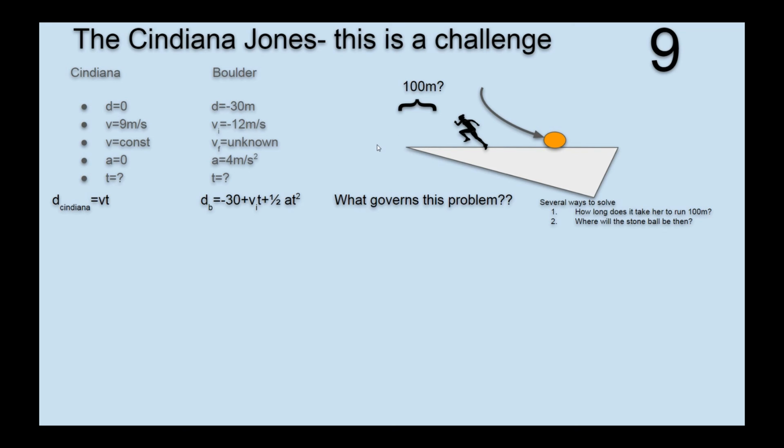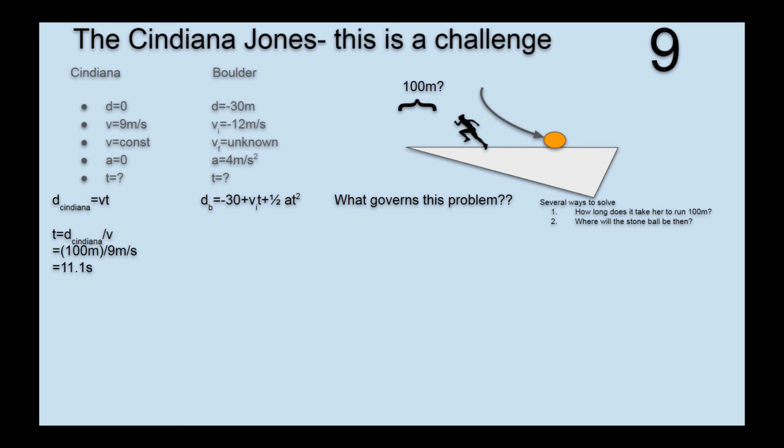So you can do this as a two-parter, or you can make these two equal to each other, turn it into a pursuit problem, and use the quadratic to get the answer of where they intersect. We're going to do both. So if all you're asked to say is, did she get away, it's fairly straightforward. We find out that Cindiana is going to take 11 seconds to make it to the door.